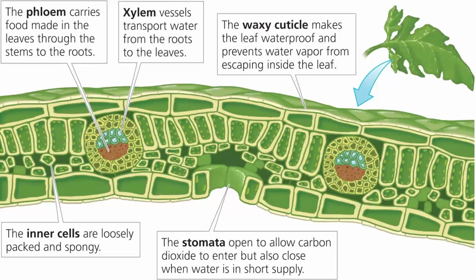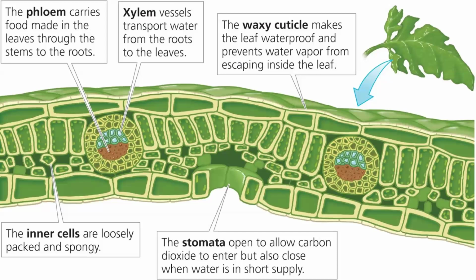We also have structures called the stomata that are able to open and close at different times of the day in order to let carbon dioxide in and release oxygen out. So plants can kind of control when they do that to optimize this process. This figure is also pointing out the waxy cuticle that helps keep water inside of leaves and helps them reduce their water loss.